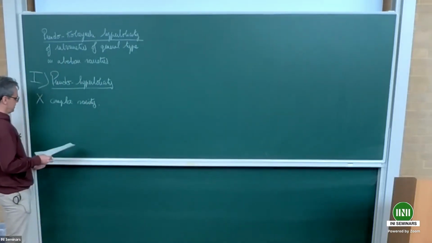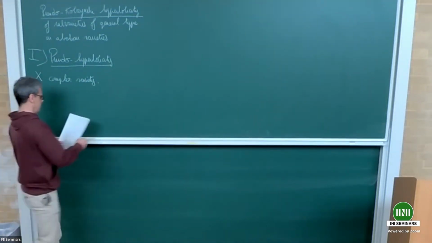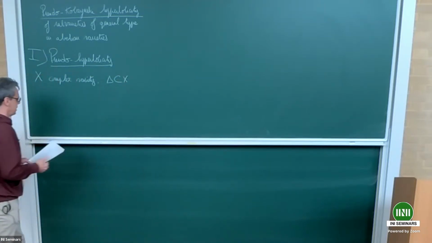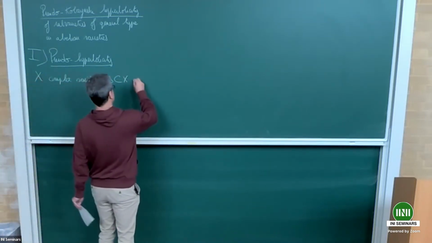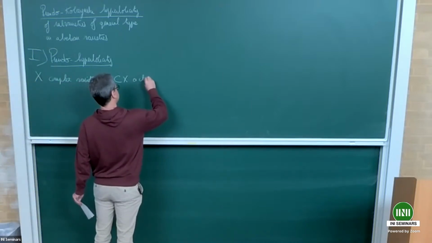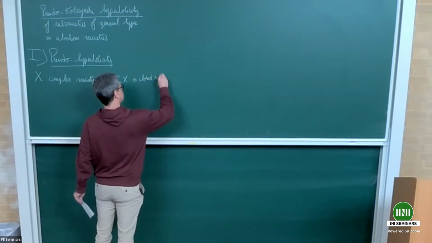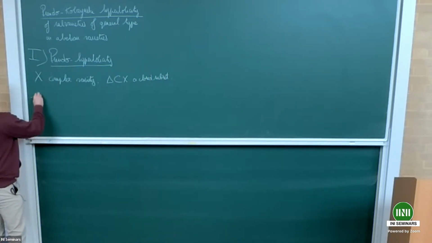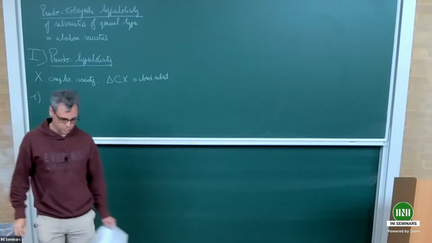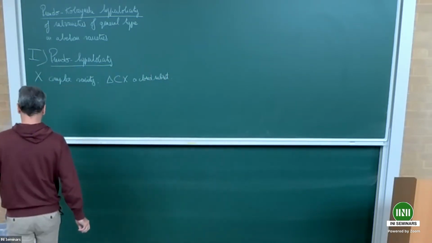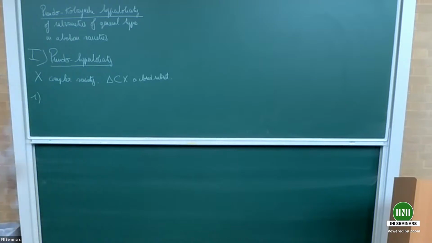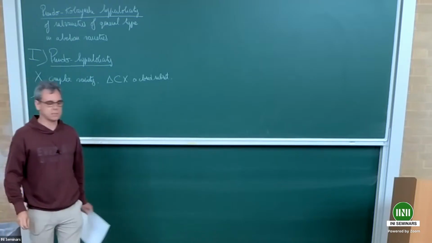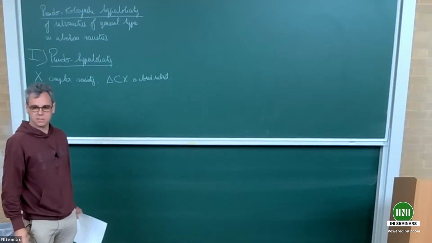And you consider delta a closed subset. And now you can define pseudo-hyperbolicity. So in all the sense of hyperbolicity you would like.